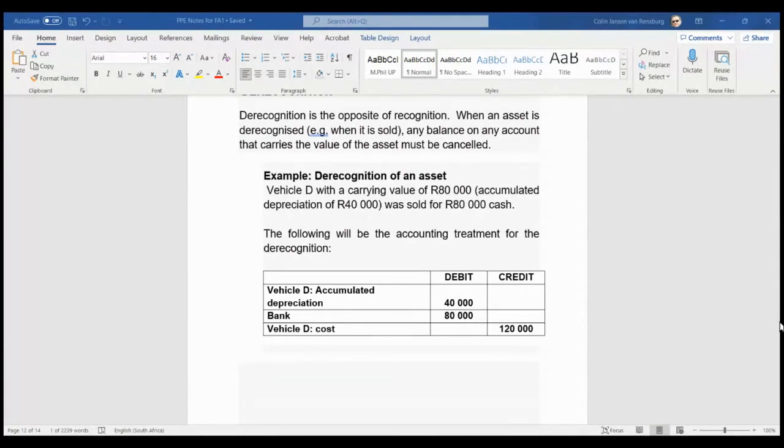Now, when it comes to the accumulated depreciation on vehicle D, right, as it stands before we sell it, before we dispose of it, does that accumulated depreciation account have a debit or a credit balance? Remember, this is now a negative asset account.